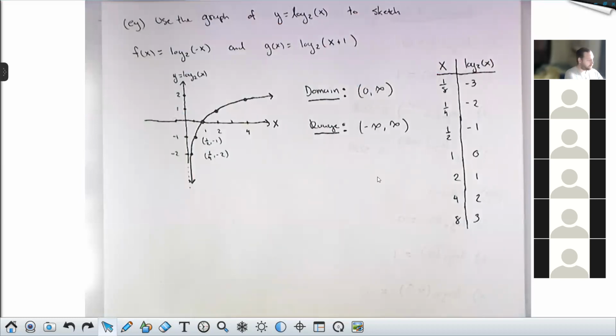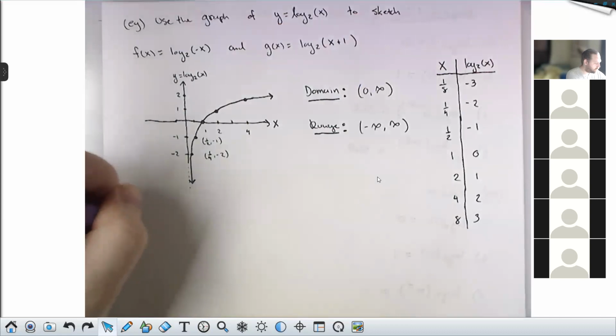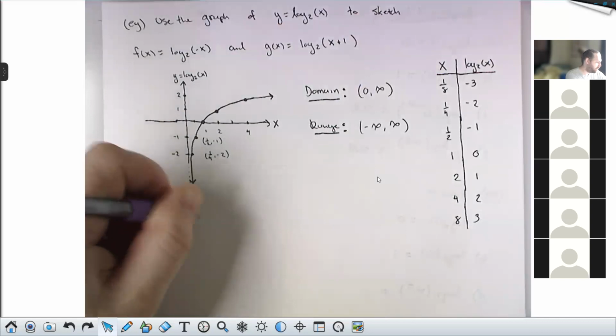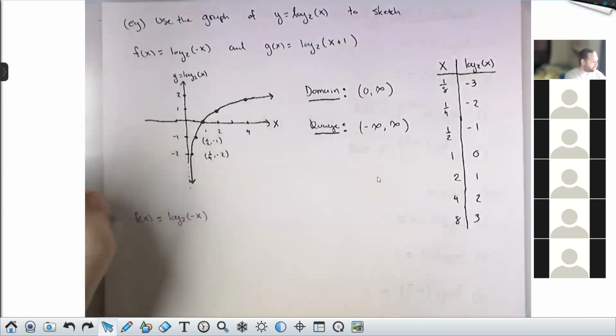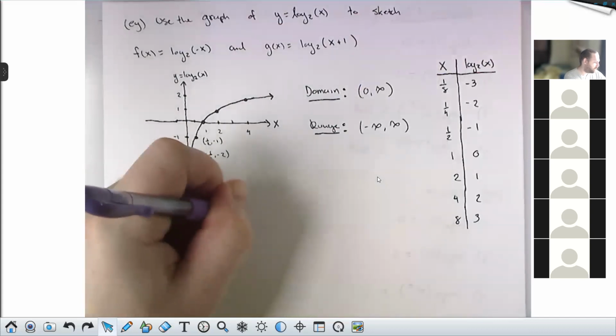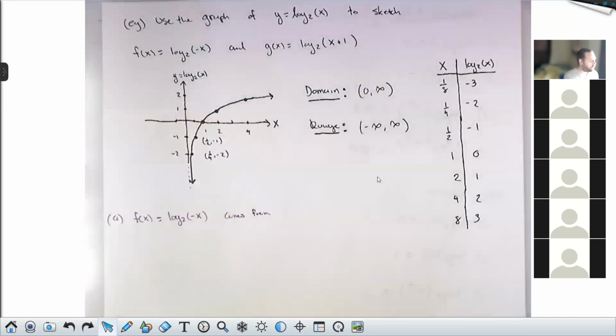Okay, so I want to sketch f of x, which is the base 2 log of negative x. And to do this, this comes from what transformation? What transformation do I need to apply to the original function to get this guy with a negative on the inside? Does it flip over the x-axis? Very good.